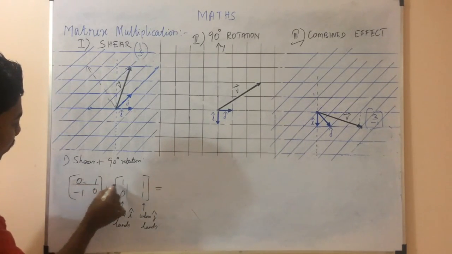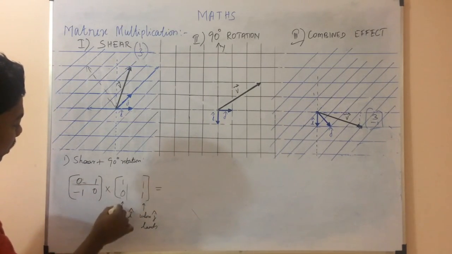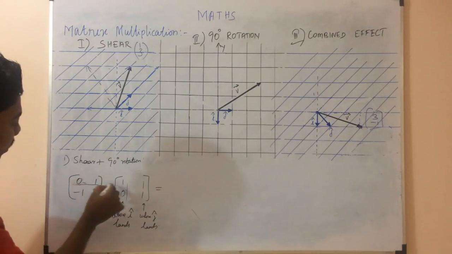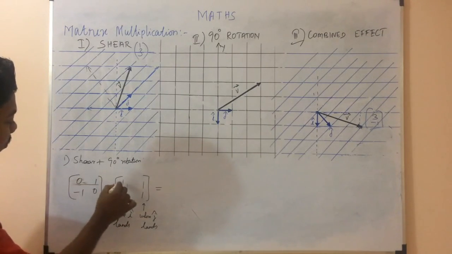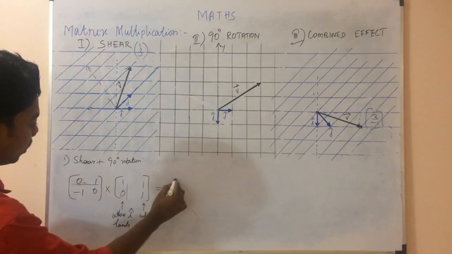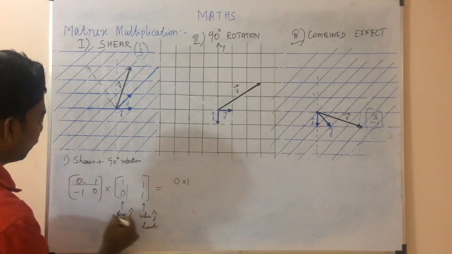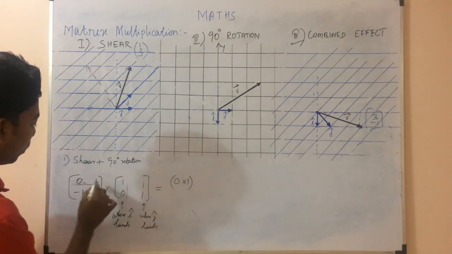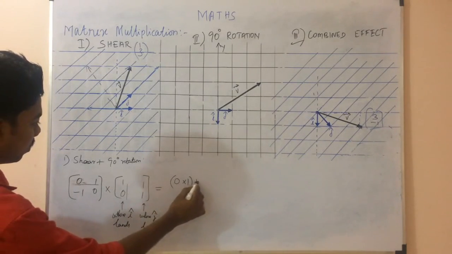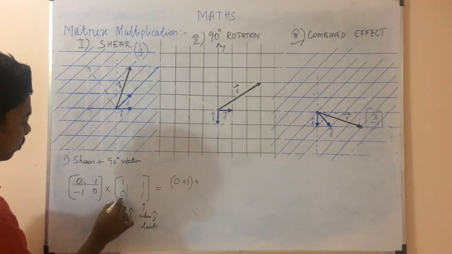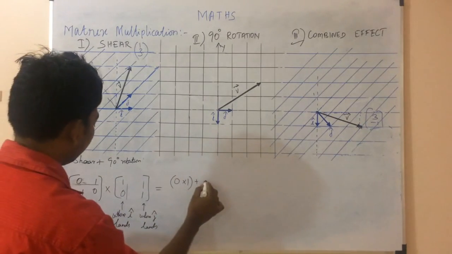When doing matrix multiplication, you multiply the corresponding entries: this 0 into this one, plus this 1 into this one. So 1 into 0, 0.